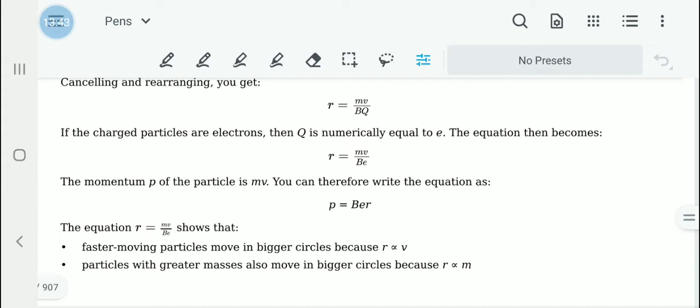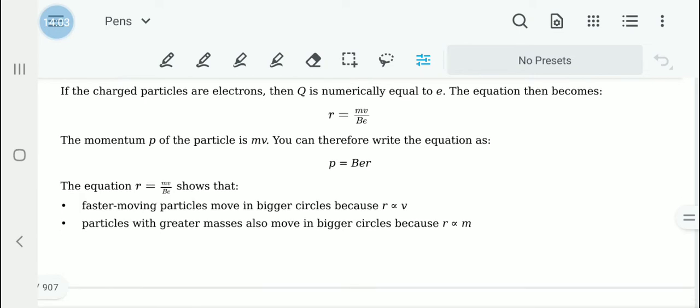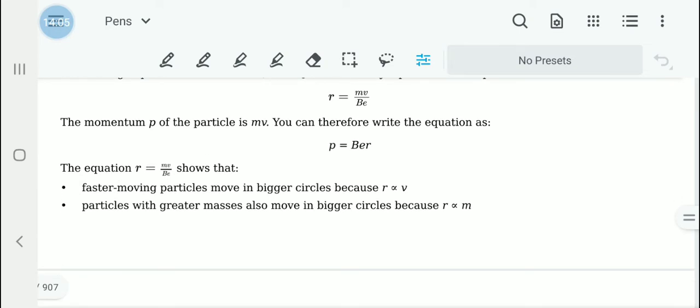So R equals mv upon BE shows that if the velocity is higher, R will also be higher because it has a direct relationship. If it has a higher mass, again it would go in a bigger circle because R is directly proportional to mass.